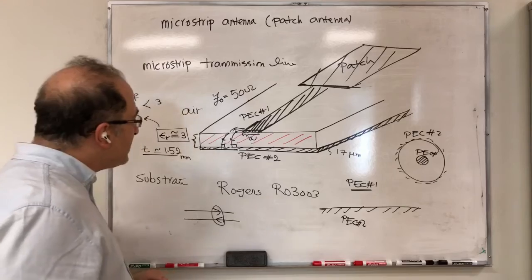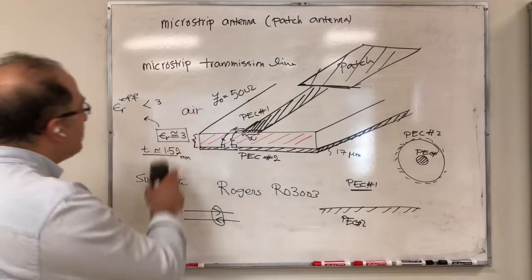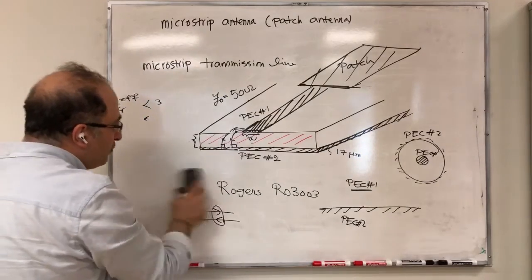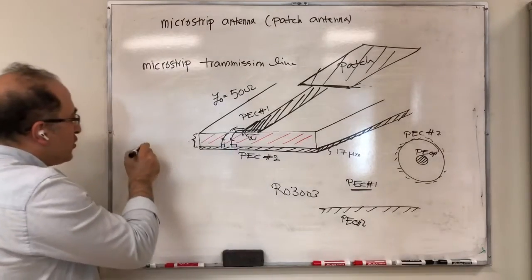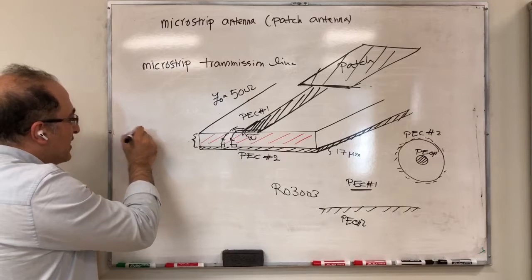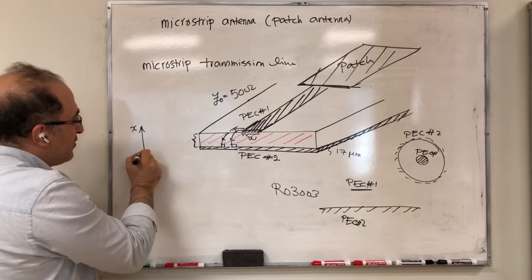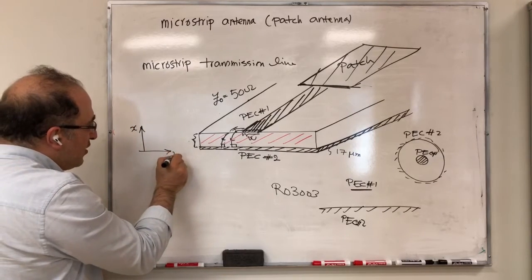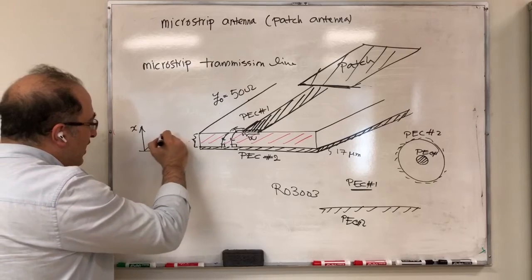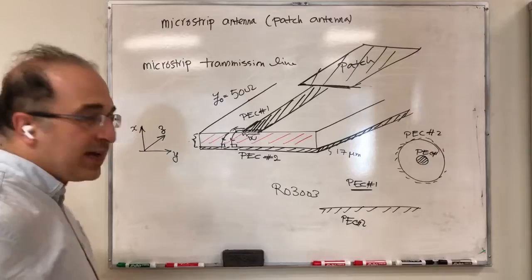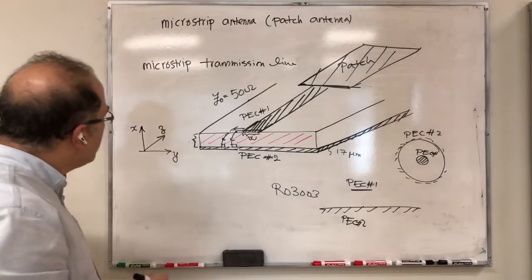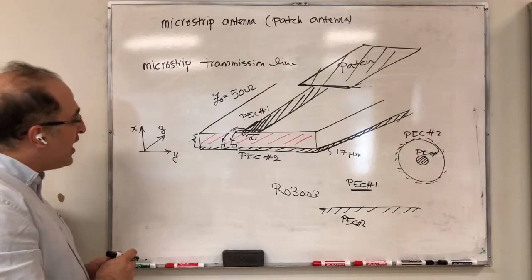To study this, perhaps it's good that we start from a coordinate system. Let me have this as X, this as Y, and this as Z. So this is the situation that I have.